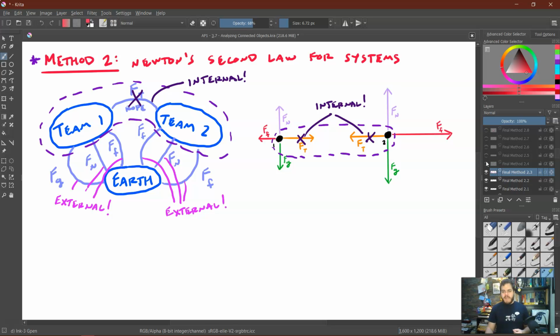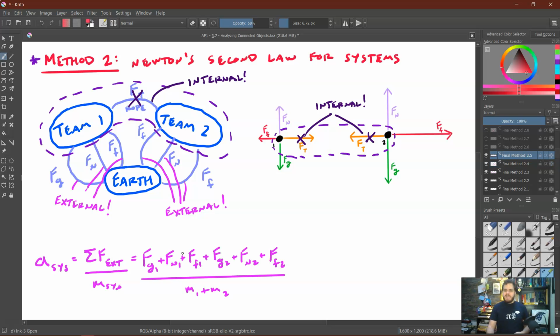So let's go ahead and write out Newton's second law for systems: the acceleration of the system is equal to the net external force over the mass of the system. And let's write out every single external force. That's Fg1 plus Fn1 plus Ff1 plus Fg2 plus Fn2 plus Ff2. And on the bottom, the mass of the system will be mass 1 plus mass 2.